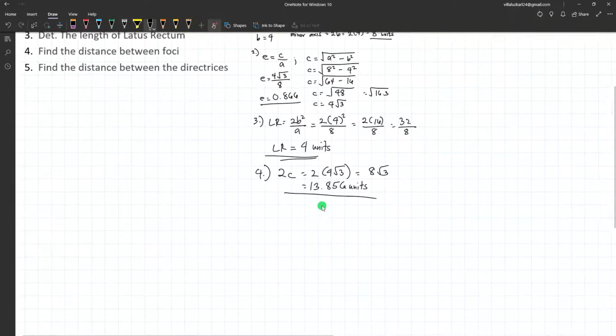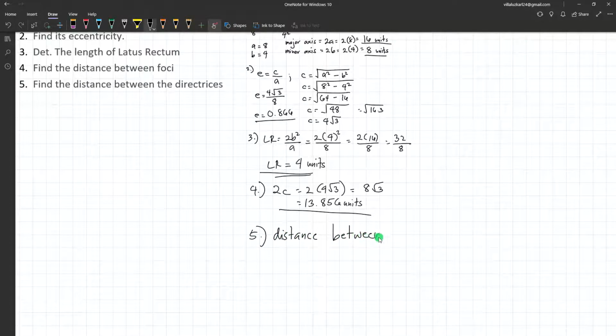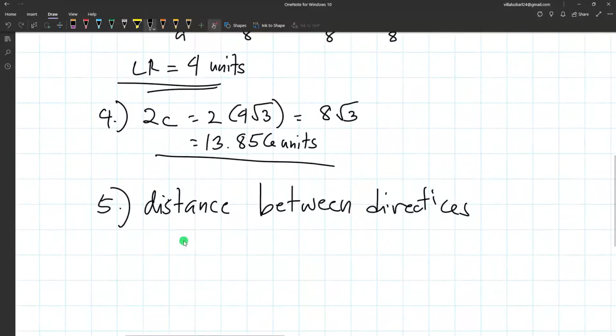Number 5, find the distance between the directrices. For the distance between directrices, use the formula: this equals A over E. A is 8.